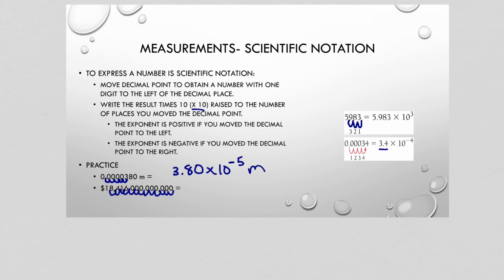In this case, our decimal portion is going to include all of the non-zero numbers, 1.8416 times 10. It's going to be a positive number because we moved it to the left, and that positive number is going to be 13 because we moved it to the left.